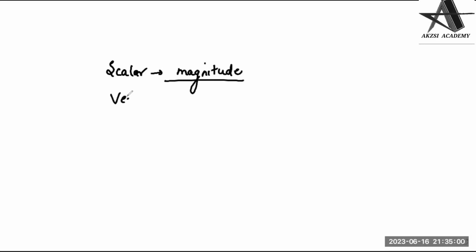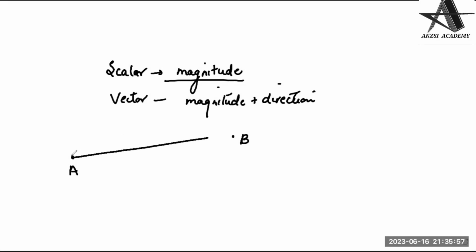Whereas a vector quantity is where you can describe its magnitude as well as its direction. Such quantities are called vector quantities. Say for example, displacement. Suppose there is a point A and I want to go to point B. Obviously, I can take an infinite number of paths to move from A to B. But the shortest one, A to B like a straight line, is called my displacement.